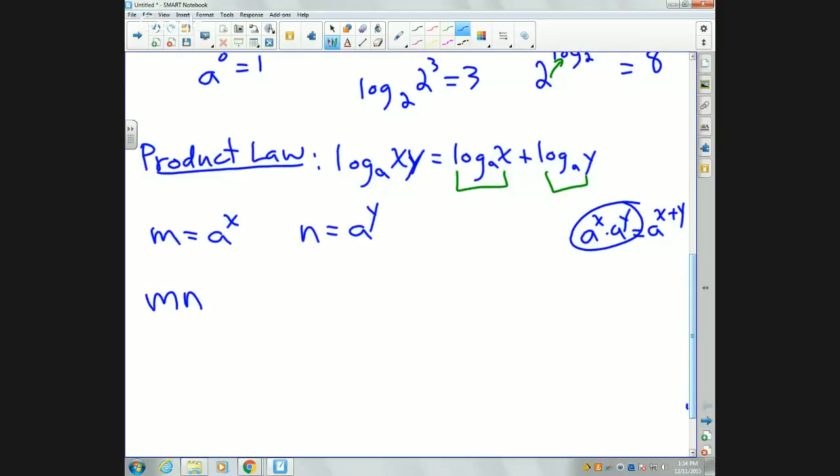M times n then is equal to a to the x times a to the y. Is that okay? We're just going through a series of hopefully logical steps. It also means that we could rewrite, using the exponent rules, this as really just a to the x plus y.